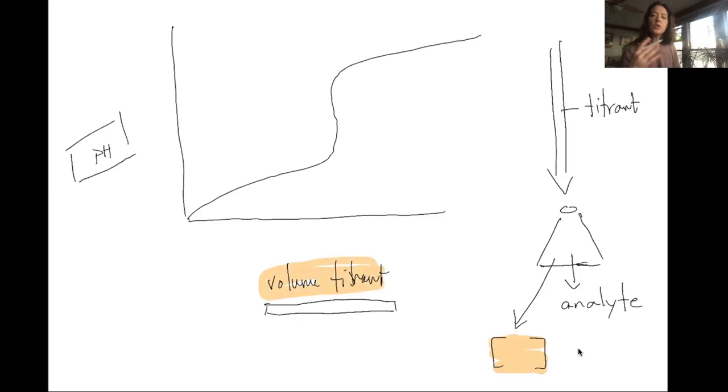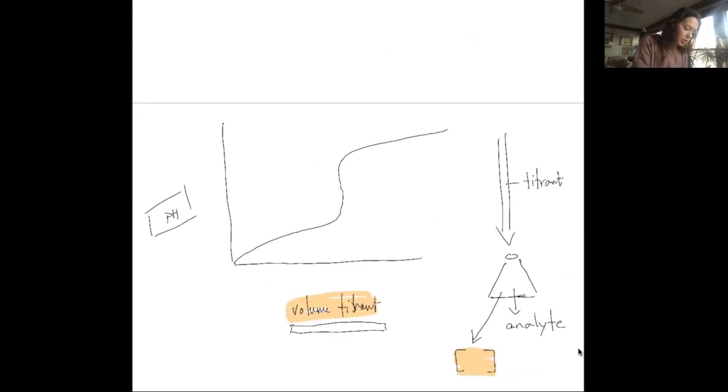What you see with my graph is actually called a titration curve. You can easily see why: it's curvy. Let's start with our pH down low.